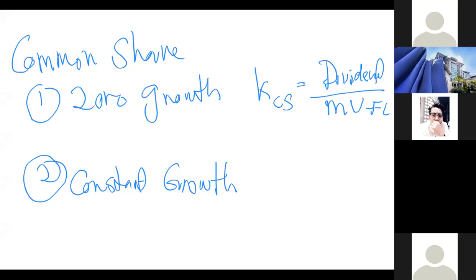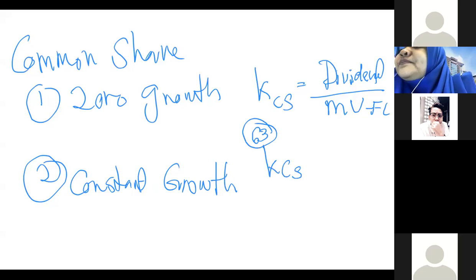Example question. You can go to page 63. Mary Jane Corporation pays a dividend of 1.5 ringgit per share to its shareholders. The price per share is 12 ringgit. Calculate the cost of common share. Because this is a zero growth model, there is no growth for the share.